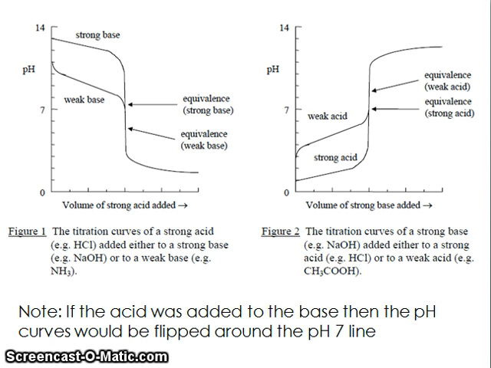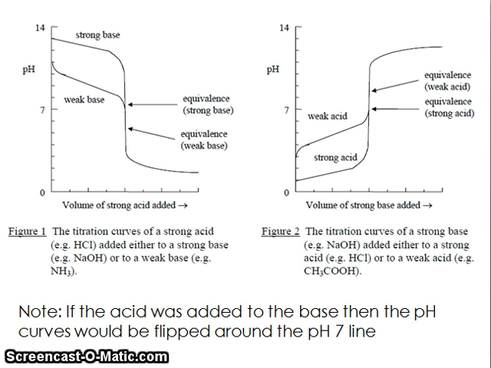As we add strong acid, it very gradually goes down until we get that sharp vertical line. Where that sharp vertical line is, we call the equivalence point or the end point, and that's where it's been neutralized.